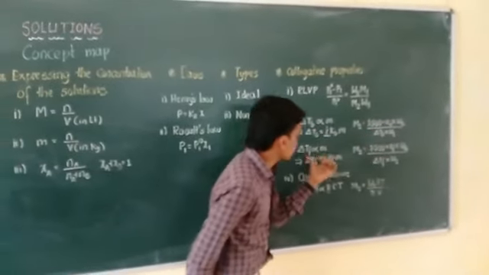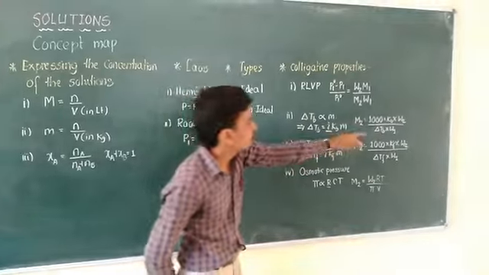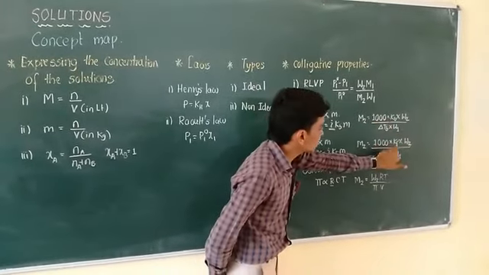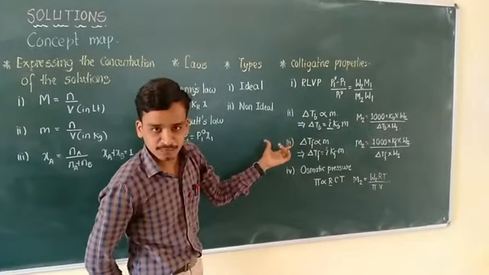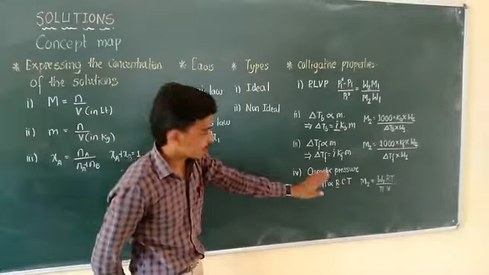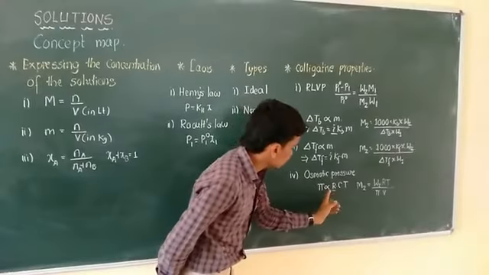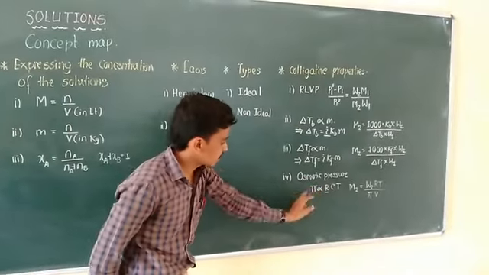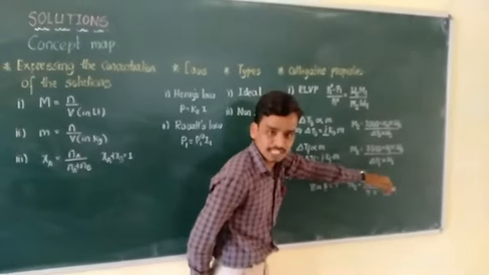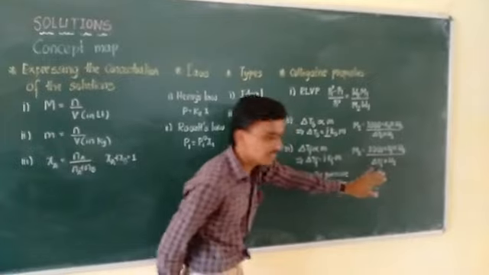Similarly it is for the depression in the freezing point, where Kb represents the elevation in the boiling point and Kf represents the depression in the freezing point. The last colligative property is osmotic pressure, represented by the symbol pi, and M2 is equal to W2 R T divided by pi into V.